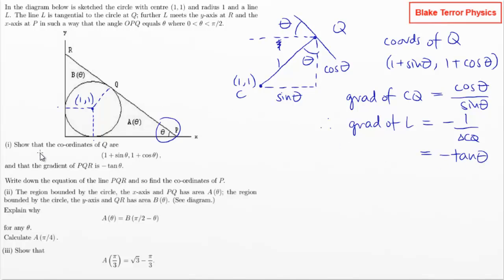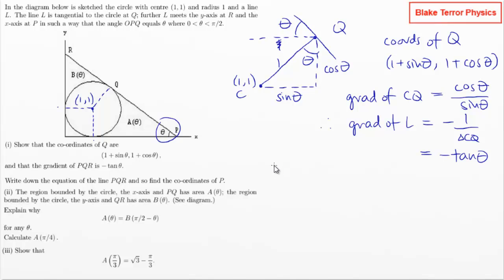So happy days. Right, we've still got another part of this question. Write down the equation of the line PQR and so find the coordinates of P. So for the line PQR, we've got the gradient and we've got a point on the line. So we can just do y minus y1 equals m times x minus x1, and stick all of that in.